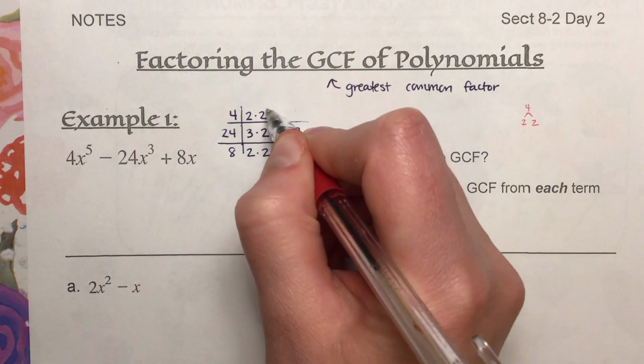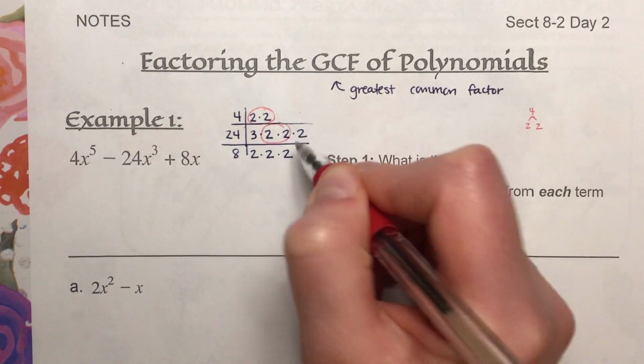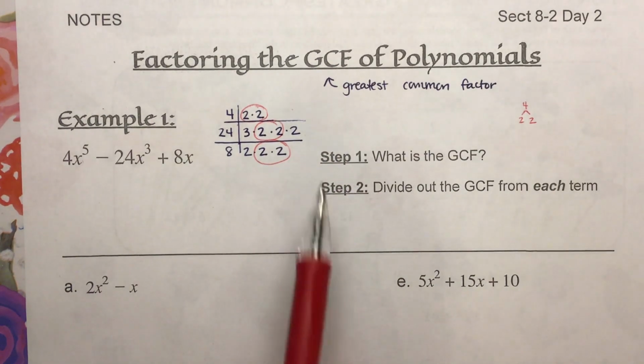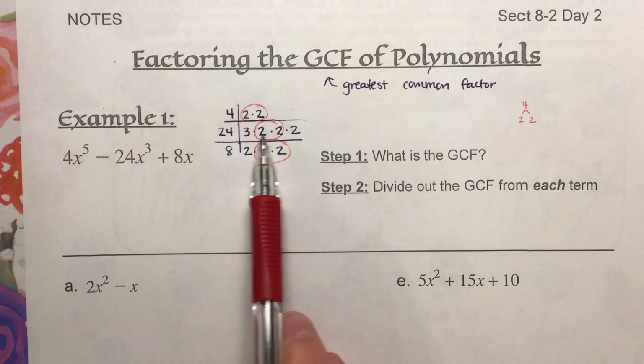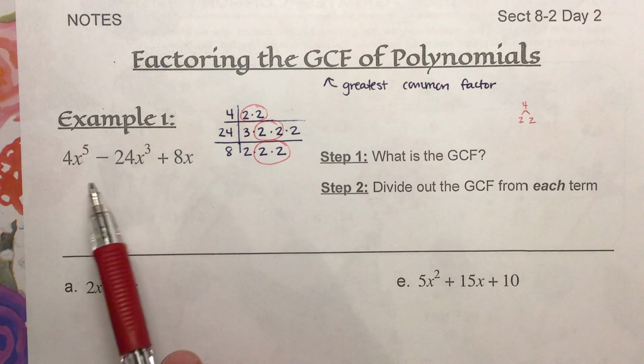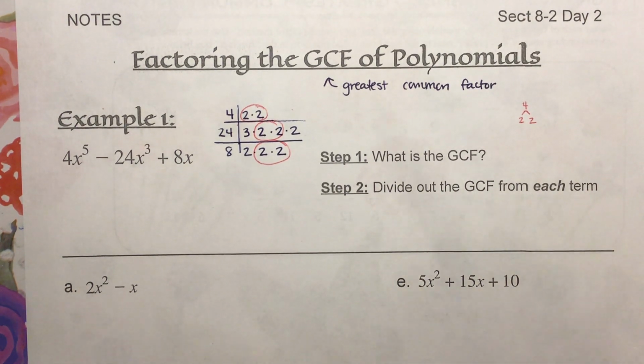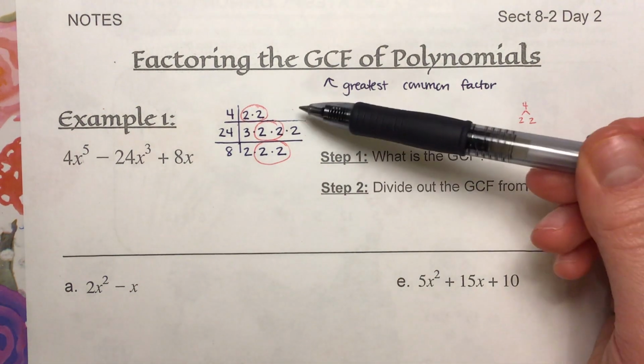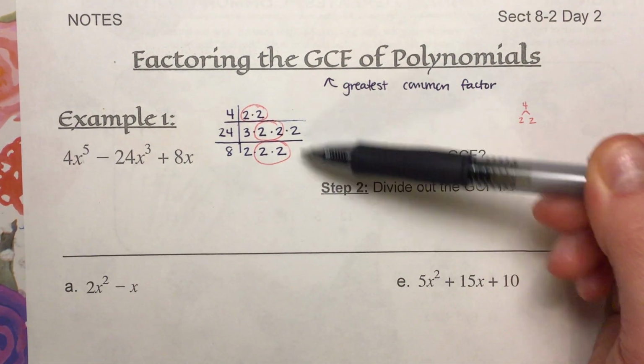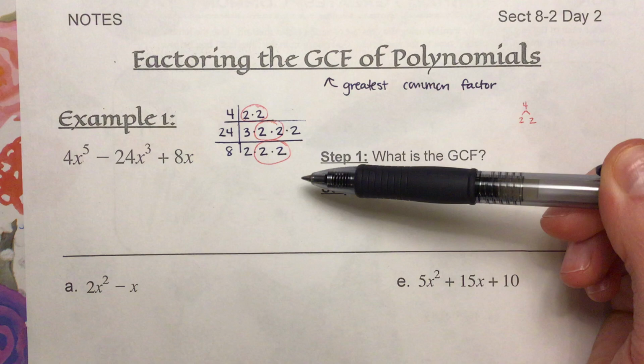Well, this guy has 2 2's, this guy has 2 2's, and this guy has 2 2's. So I now know I can take 2 times 2, or 4, out of each of these terms. So that's the most that I can do. I can't take more because there's nothing else that they have in common or that they share between the terms.